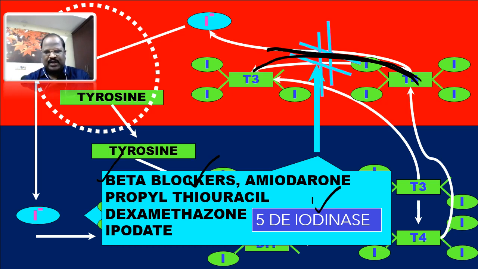Here I give some extra points: propranolol, an important beta blocker, has antithyroidal activity in two ways. One way, inhibiting peripheral conversion of T4 to T3. The second way, the beta blocker controls symptoms of hyperthyroidism like tremor, palpitation.